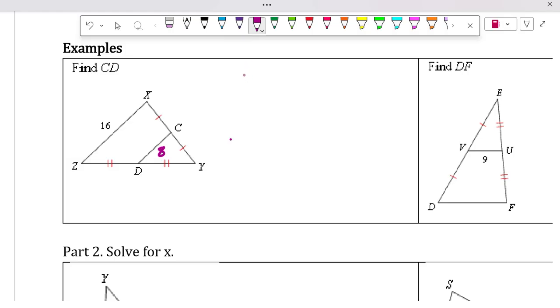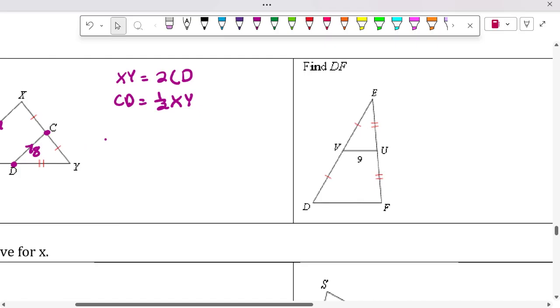Because we know that XY is twice CD, or CD is equal to half XY. Because CD is the mid-segment, because it's formed by the two midpoints, and it's obvious that these two segments are parallel.